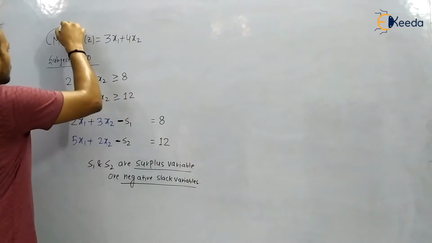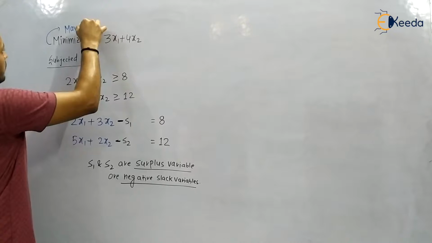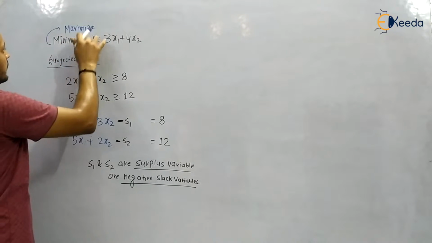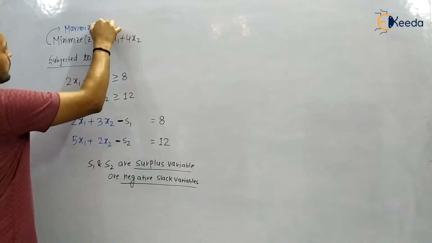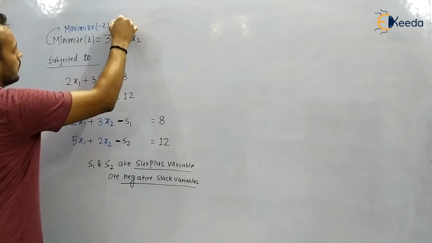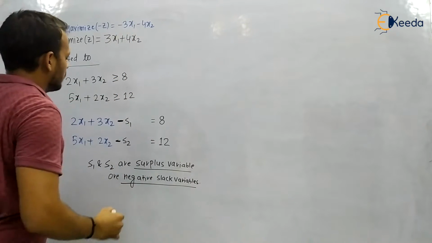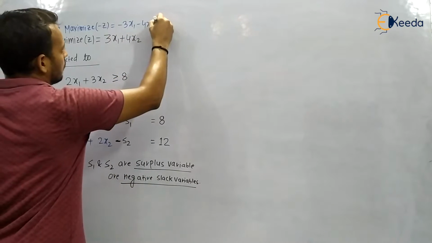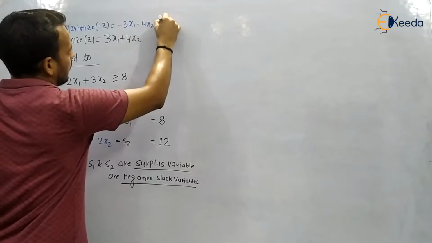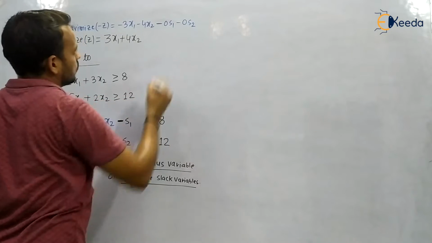So we write: maximize z. Since for minimization it is z, for maximization it is going to be minus z, and here it is minus 3x1 minus 4x2 minus 0s1 minus 0s2.